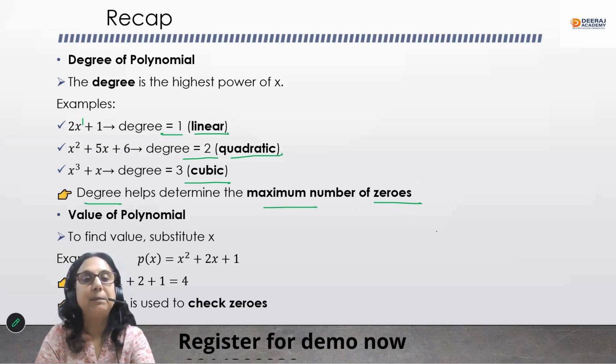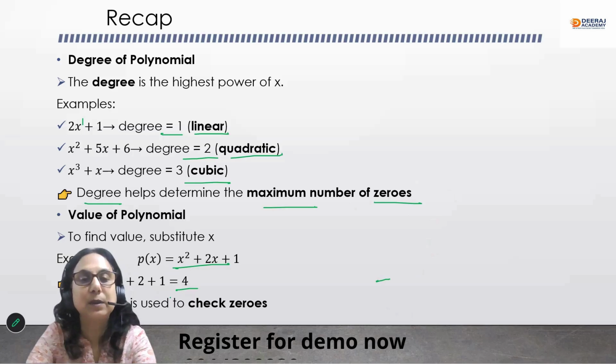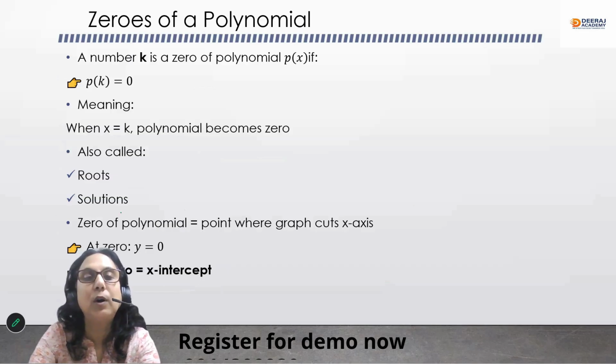Like in p(x) equals x square plus 2x plus 1, when we substitute x with 1, it gives us 4. This idea, using the factor theorem, is used to check whether that number is a zero of that polynomial or not.